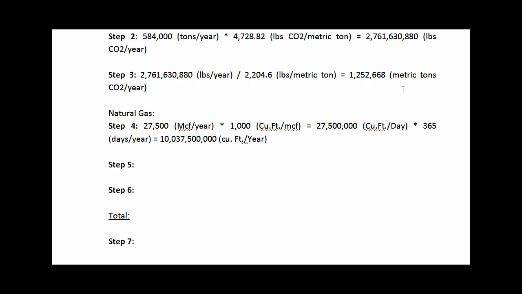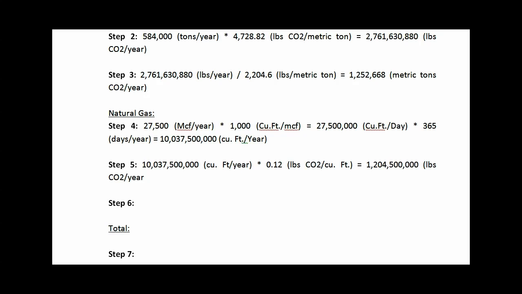We've got 10 billion 37,500,000 cubic feet per year. Multiply that by 0.12 pounds of CO2 per cubic foot. And that gives us 1,204,500,000 pounds of carbon dioxide per year.